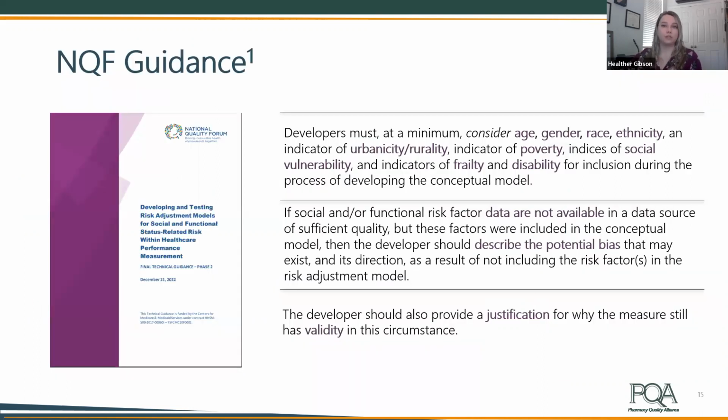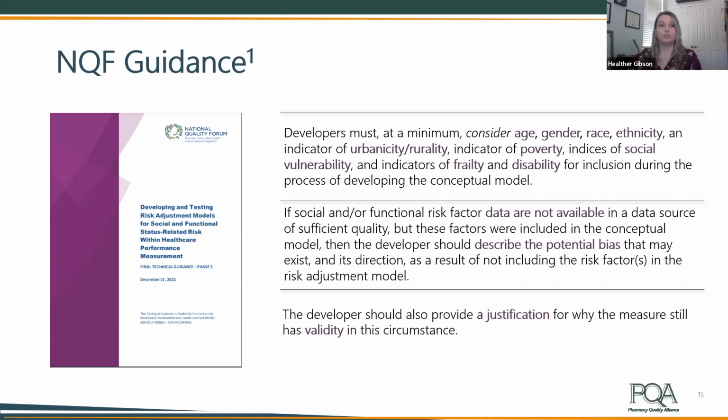The final guidance from NQF notes that developers must, at a minimum, consider age, gender, race, ethnicity, an indicator of urbanicity and rurality, an indicator of poverty, indices of social vulnerability, and indicators of frailty and disability for inclusion during the process of developing the conceptual model.